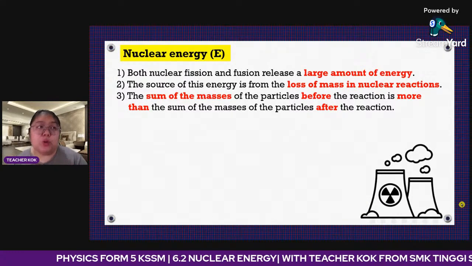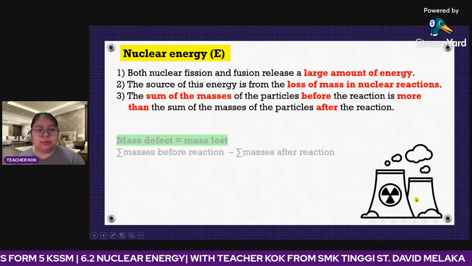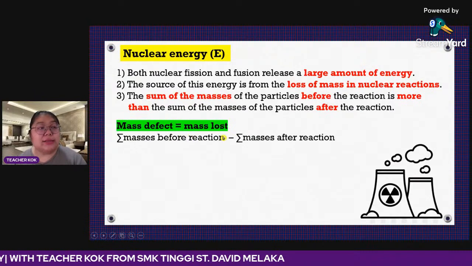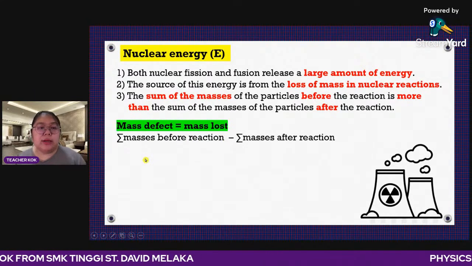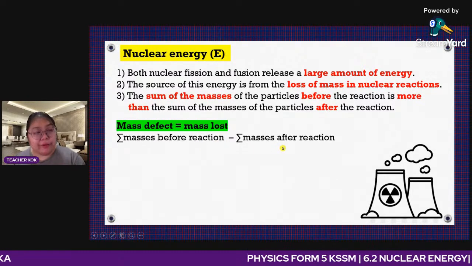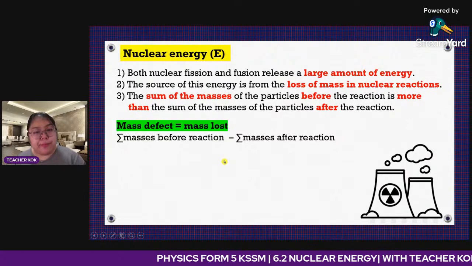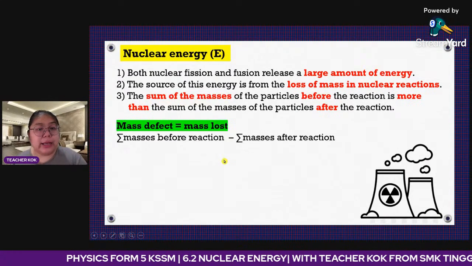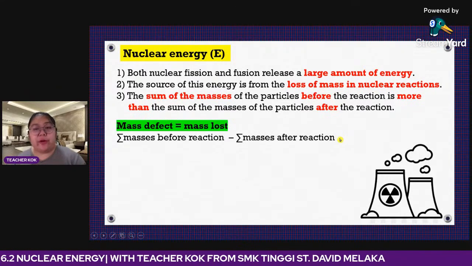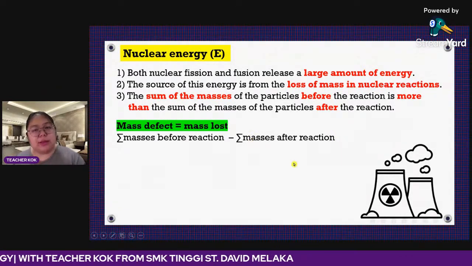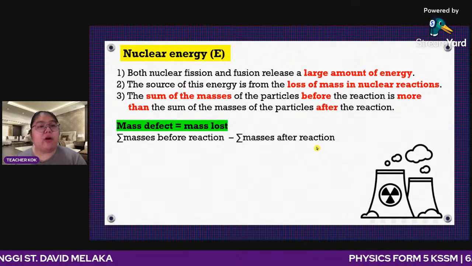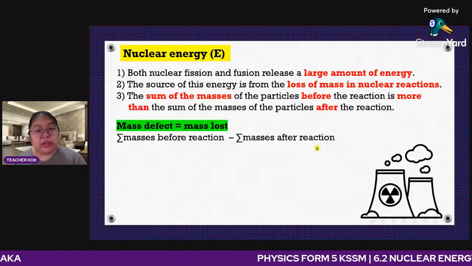Mass defect, another meaning, mass loss: the masses before the reaction minus the masses after the reaction is called the mass defect. So where does the mass defect go? Into energy. The masses after the reaction plus the energy is actually the mass before the reaction.